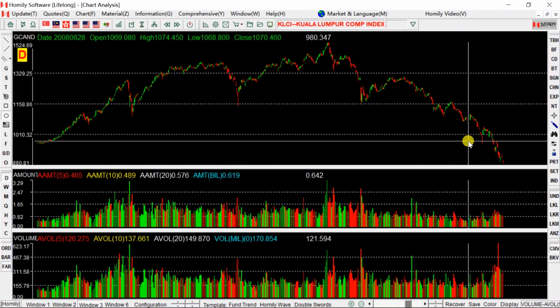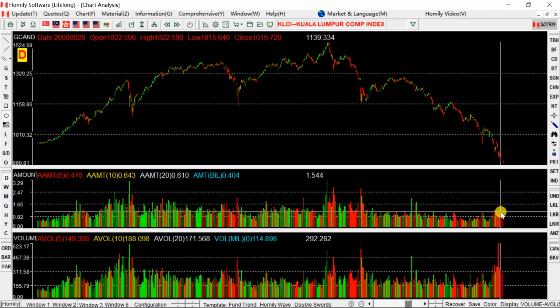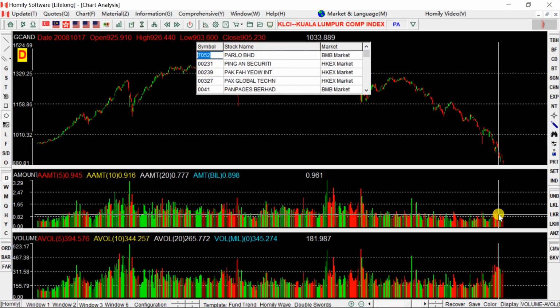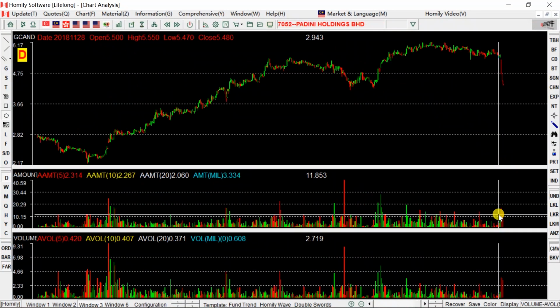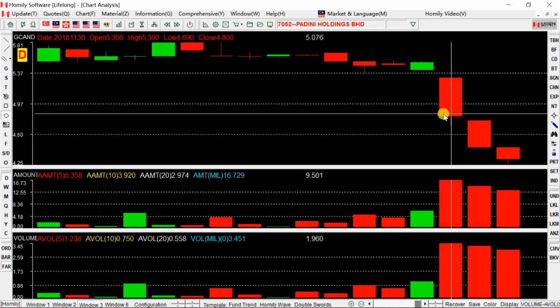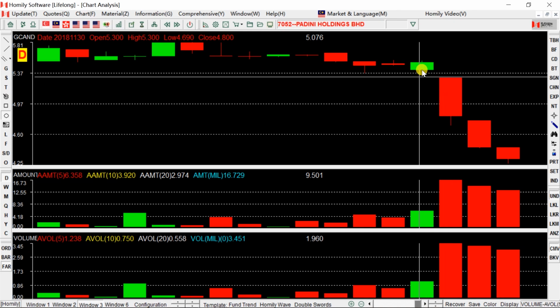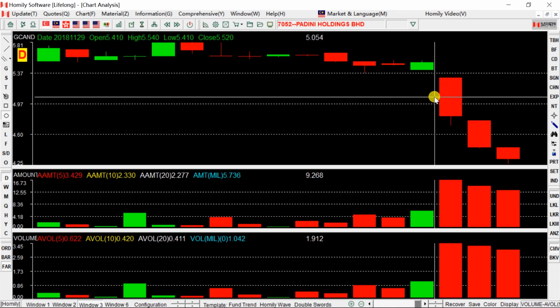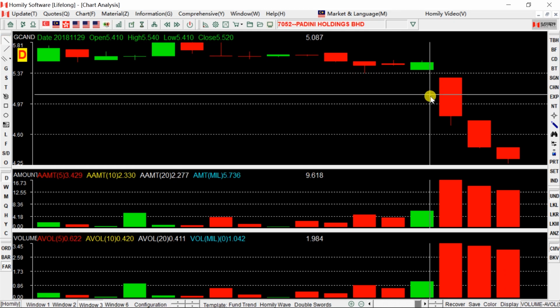If we want to calculate the average price of a stock, the daily average price, how to calculate? For example, we turn to this stock. This day, big drop, right? How can we know the average trading price? Is it half of the high and low? For example, is it half of the candle?